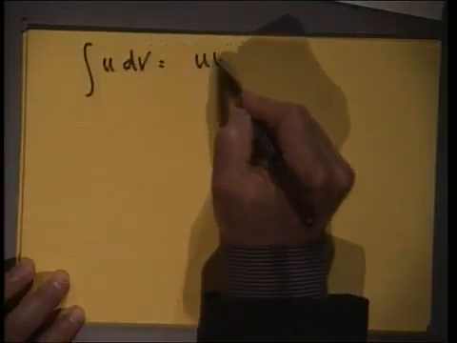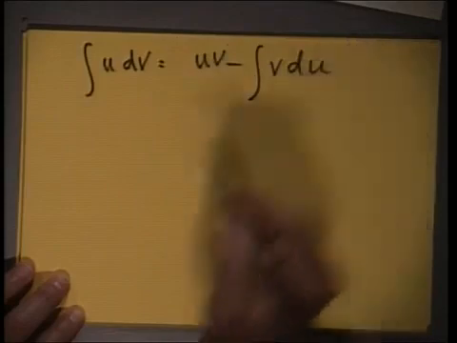But in fact, there is another way of doing this, and this is what I teach my students. Instead of saying the integral of u dv is equal to uv minus the integral of v du, you get it in a much simpler way.